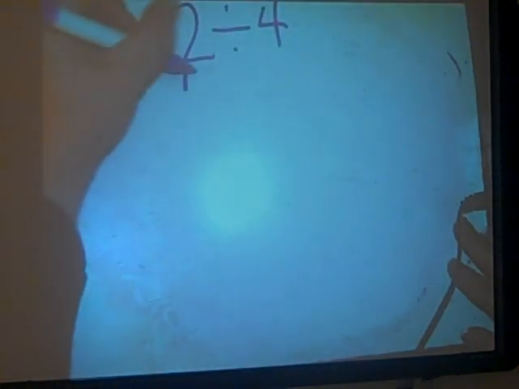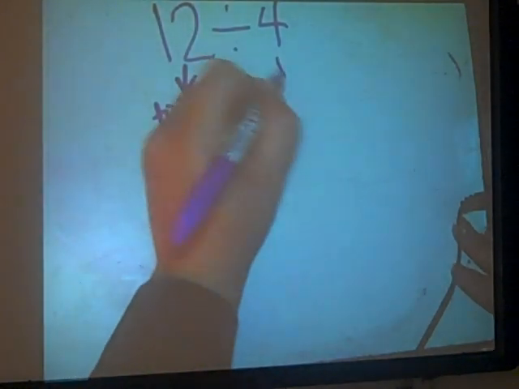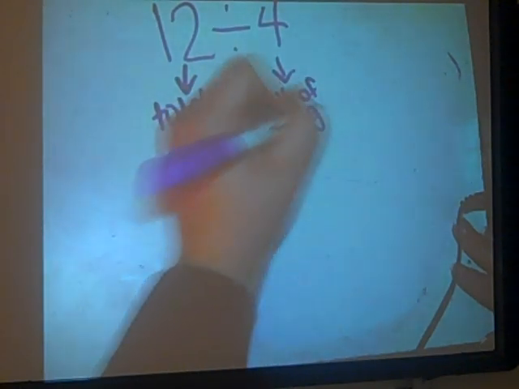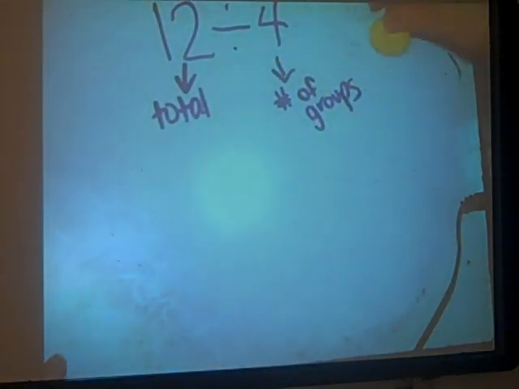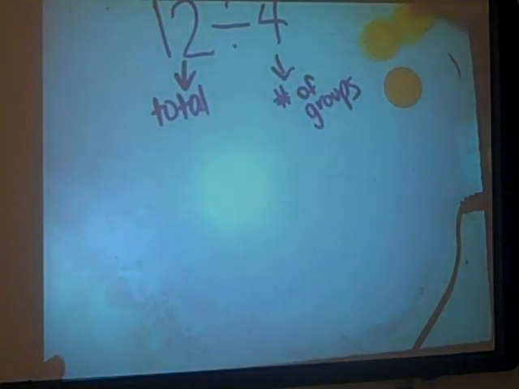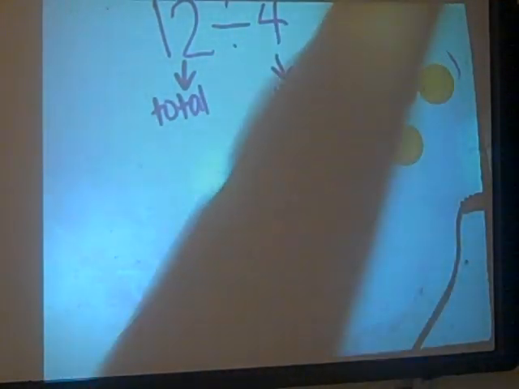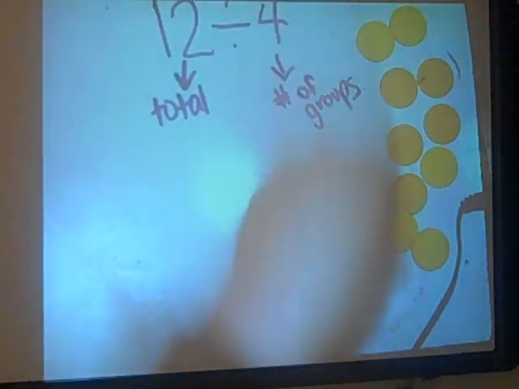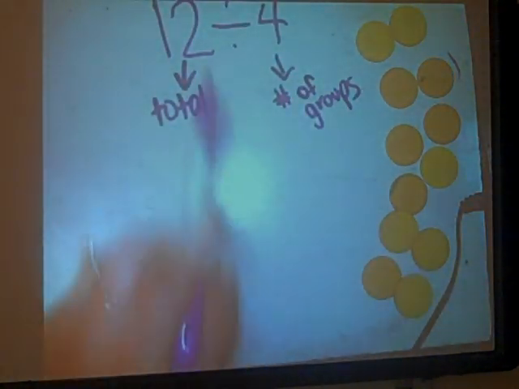Let's look at division. Our first number tells us our total. This is how much we have, and we're going to place it off to the side. And our second number tells us the number of groups. So I need to have 12 off to the side. 1, 2, 3, 4, 5, 6, 7, 8, 9, 10, 11, 12. And I'm going to create 4 different groups.